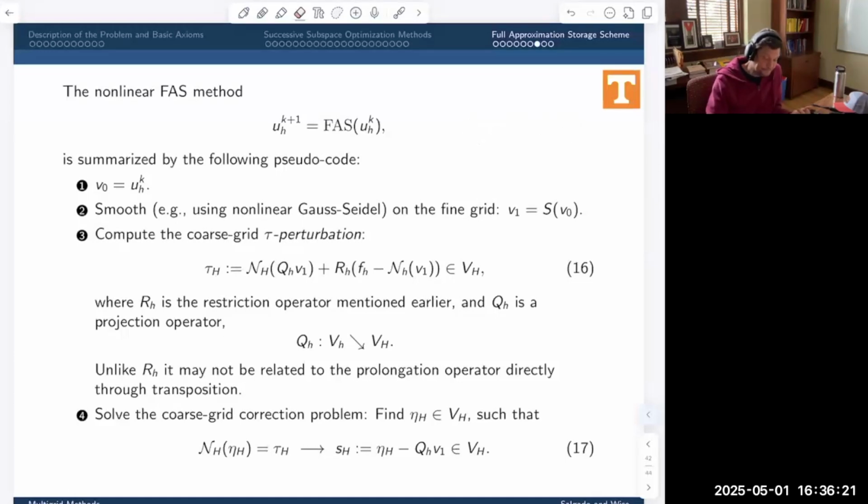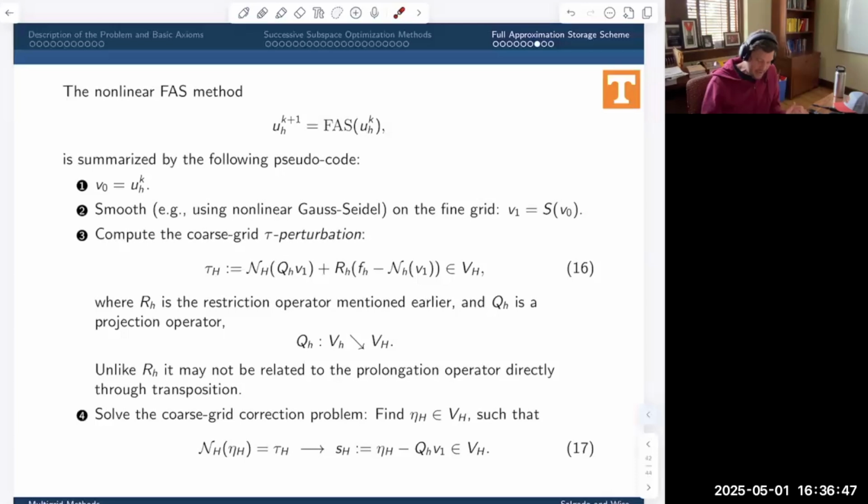Doesn't work. Okay, so this Q_H is what's called a projection operator. It's a lot like a restriction operator because it moves information from the fine grid space down to the coarse grid space. But unlike R_H, this Q_H isn't necessarily related to the prolongation operator through transposition. It's a bit different.